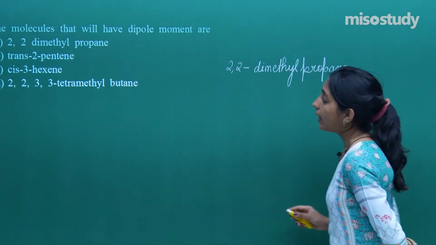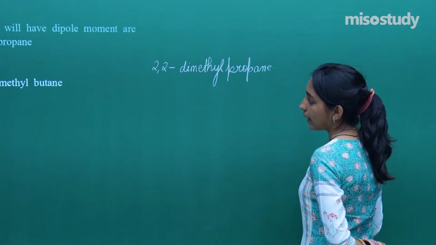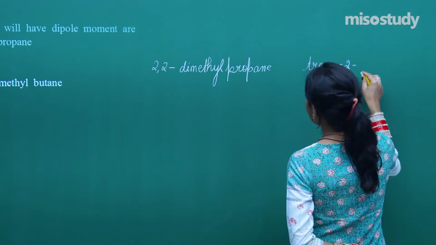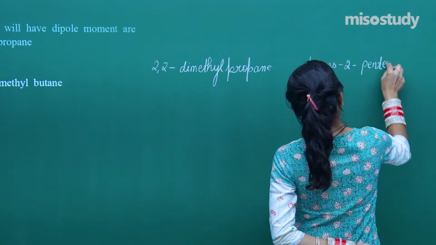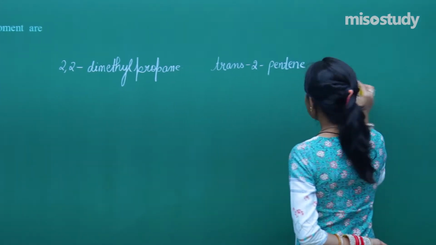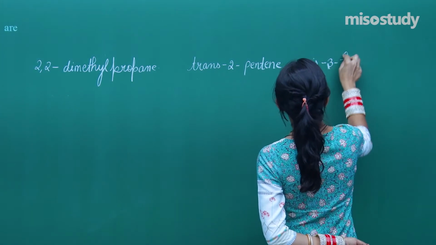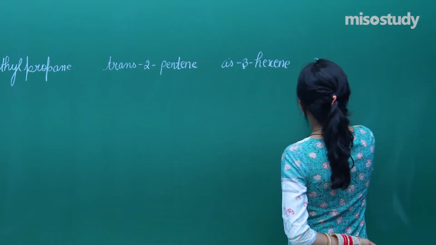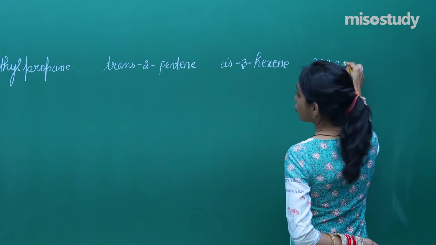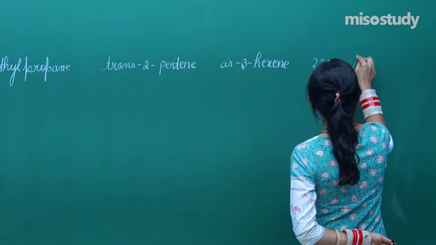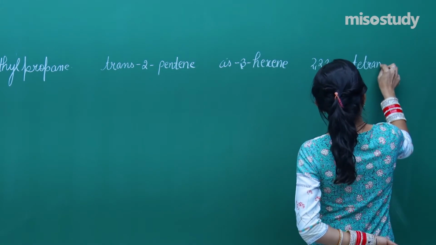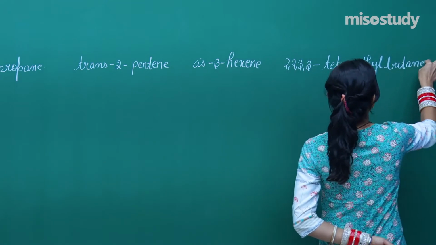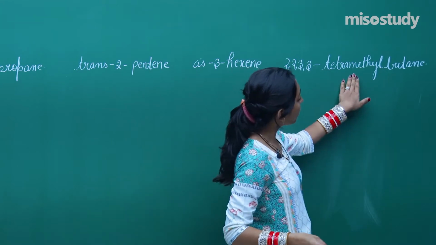Fine? Let me first write down all the names. Then is trans-2-pentene. Then we have cis-3-hexene, and then we have 2,2,3,3-tetramethylbutane. Let me first draw the structure. So tetramethylbutane.